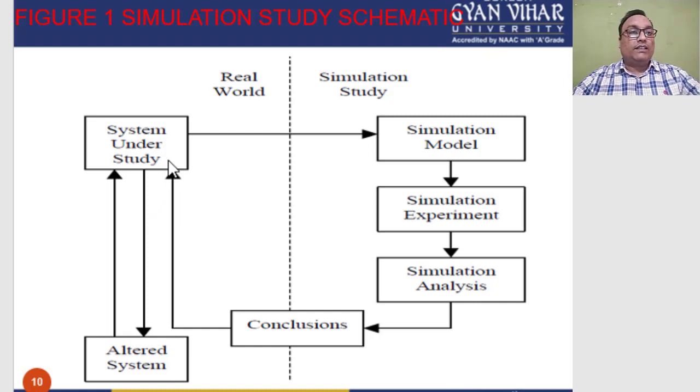In this case, if the system is failed, then this is good. If the system is not failed, then this is okay. And if the system is failed, then you again move to the simulation model. So these are the different types of studies for this case.